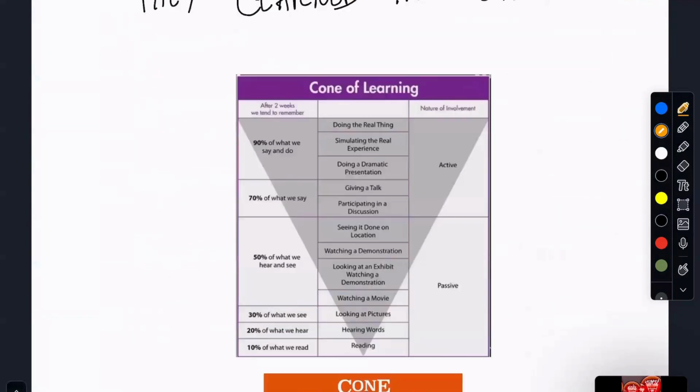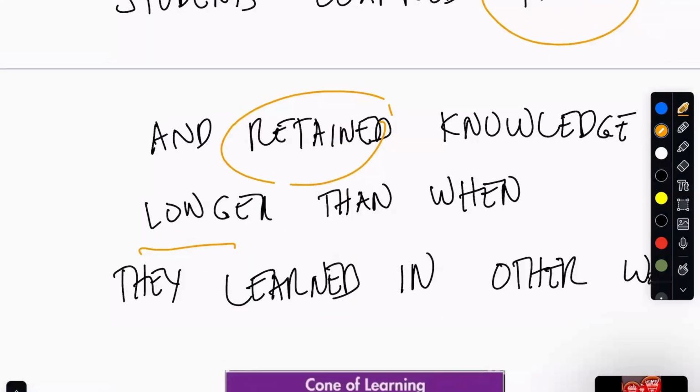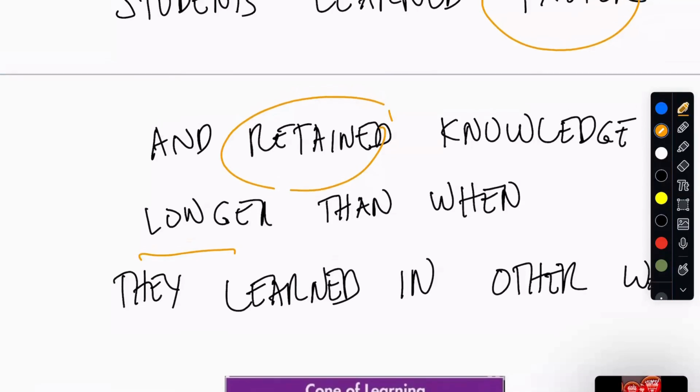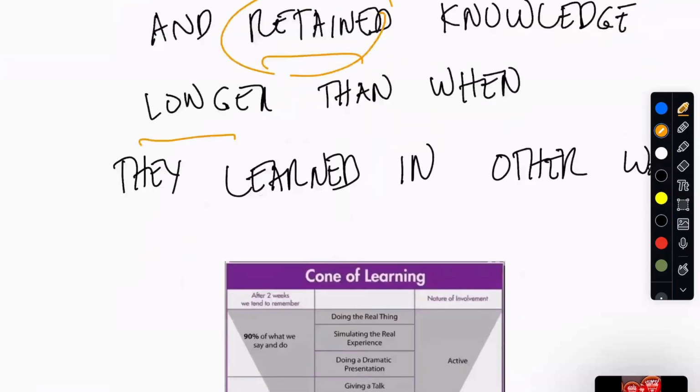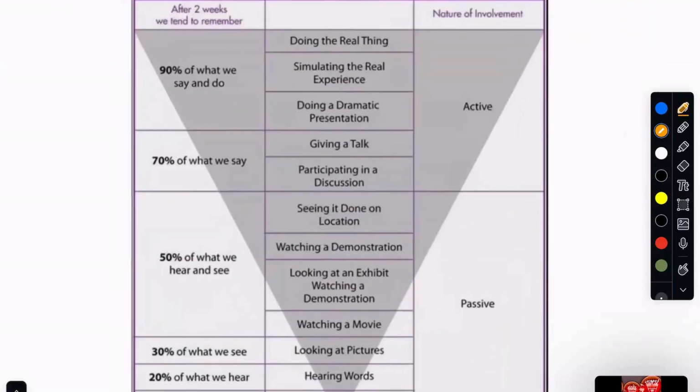And this is the cone of learning. Whether we are students or in business, how can we implement this cone of learning so that we learn faster and retain the knowledge we learn from others longer, so that we are successful in business?